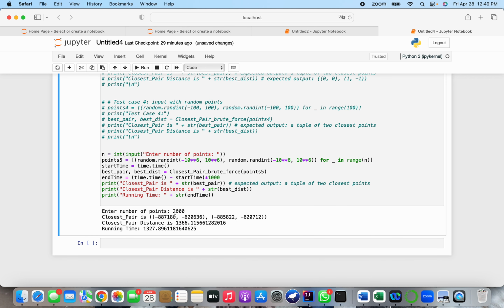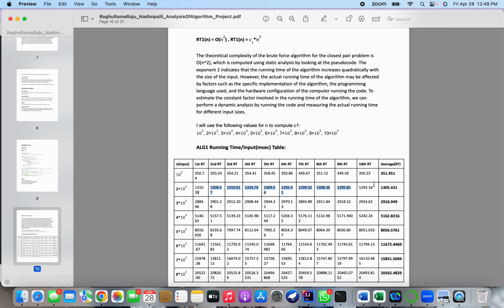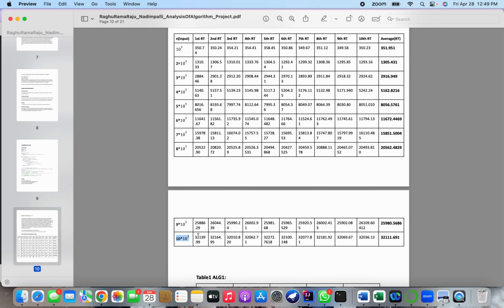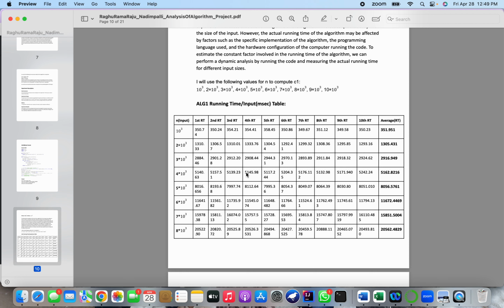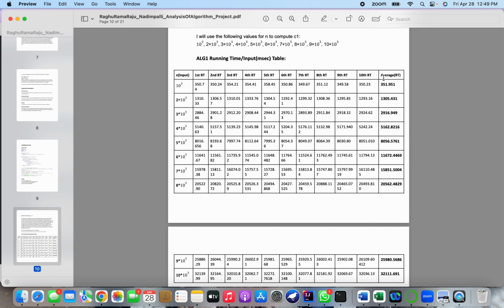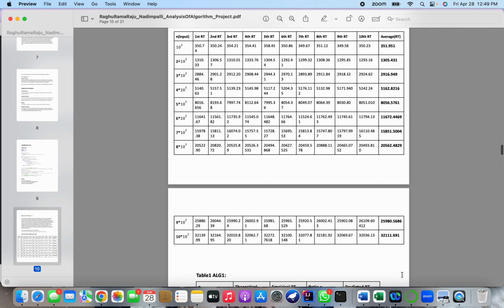With 2 into 10 power 3, I run this code 10 times, and I've noted down all my running times here. In the same way, I've raised the input by 10 power 3 every time, until 10 into 10 power 3. I want all these averages in order to find the difference between the empirical RT and the predicted RT.